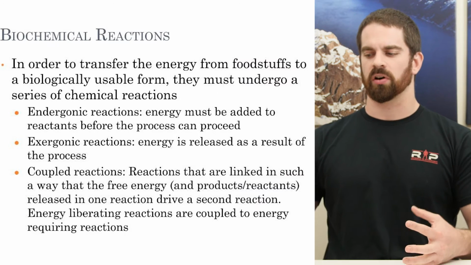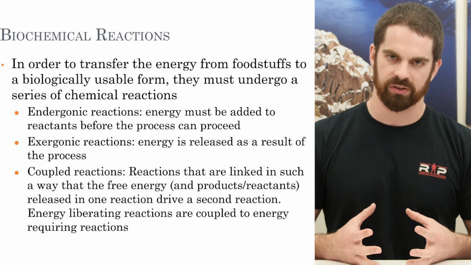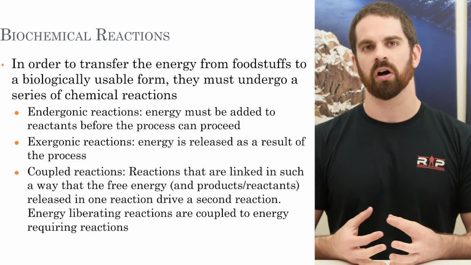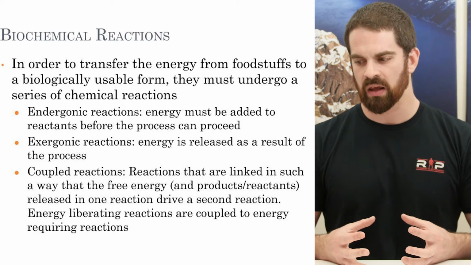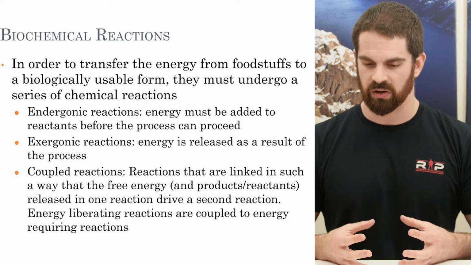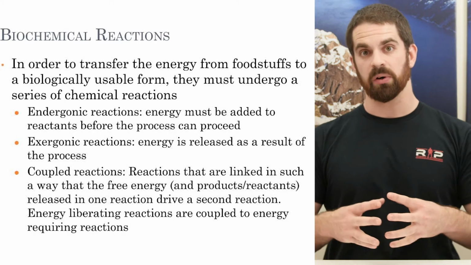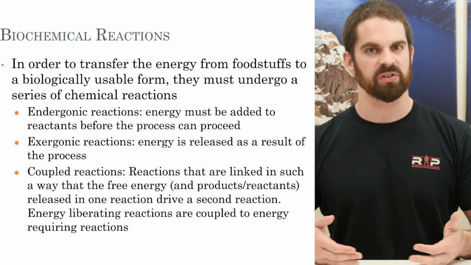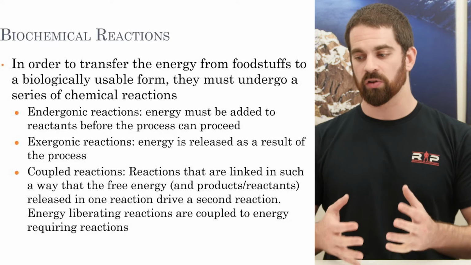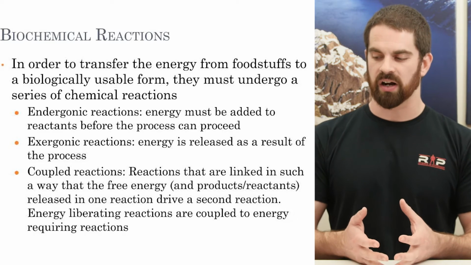So in order to transfer the foodstuffs into a biologically usable form, they must undergo a series of chemical reactions, right? Now, a lot of people don't like chemistry or don't take a lot of chemistry, but there's a couple big points that we have to consider. So when we're dealing with biochemical reactions, there's a couple different subcategories that we can talk about. The first one you'll see on the slide are endergonic reactions.